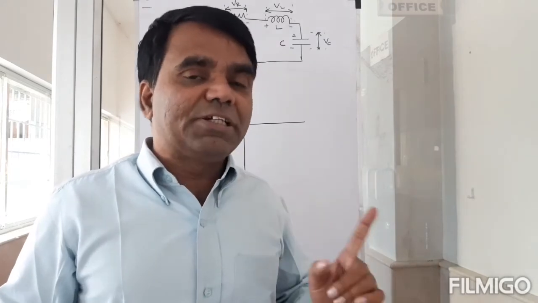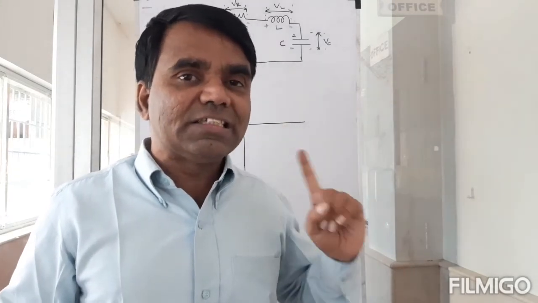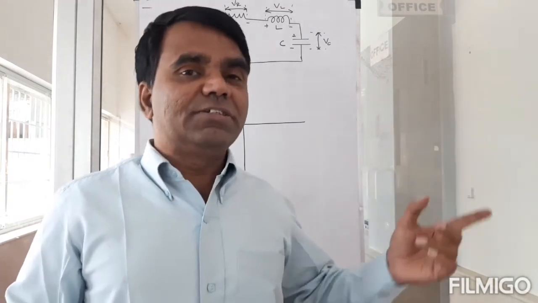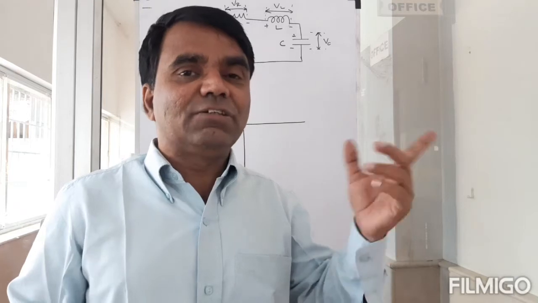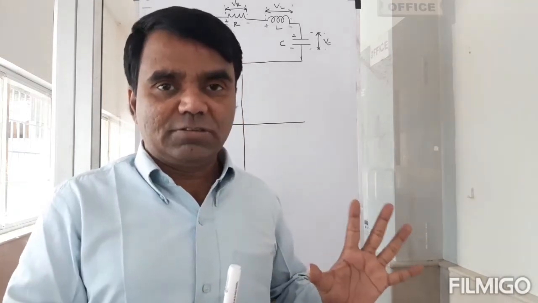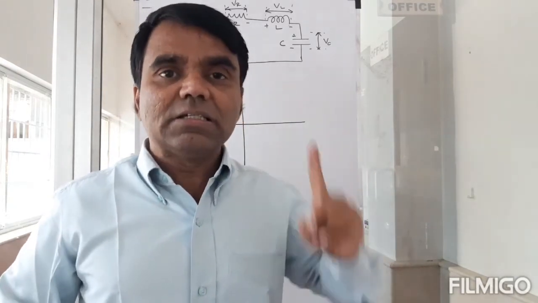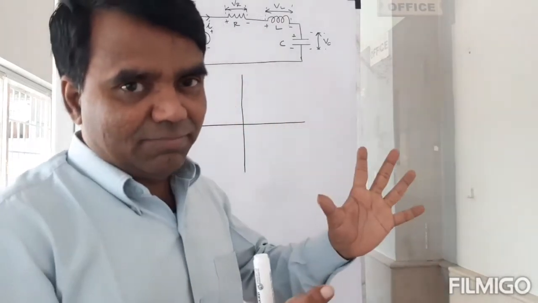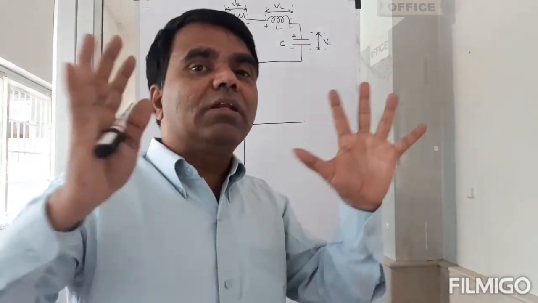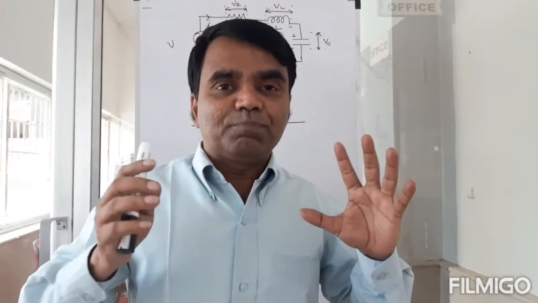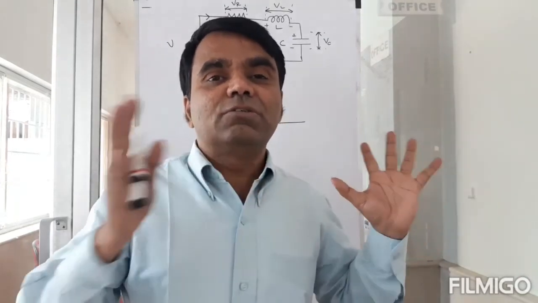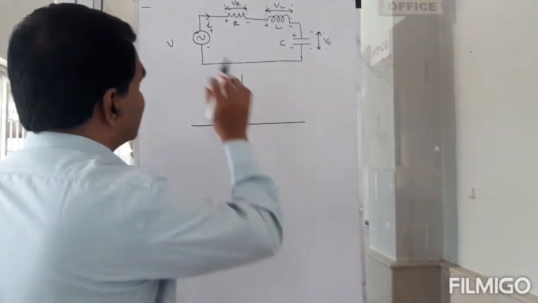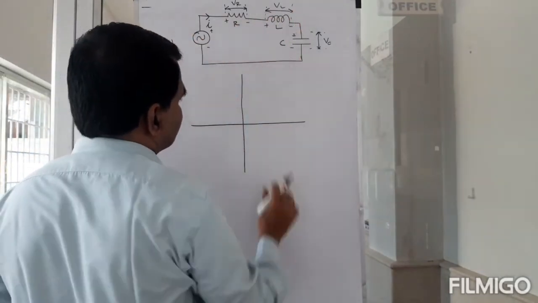So I'm going to look at the picture when the current is zero, not when the voltage is zero, not when time t is equal to 0. I'm going to look at the picture when the current is 0. At that time, how will other quantities relate to this current? That's what we'll see now. So I'm taking a time instant at which the current through this circuit is 0.